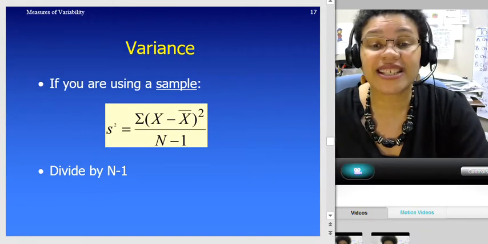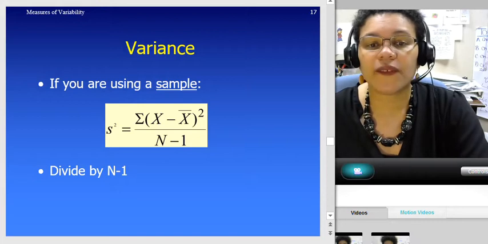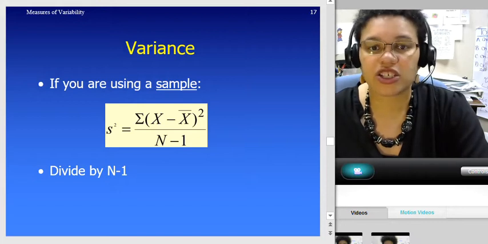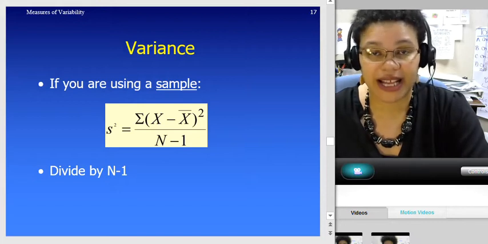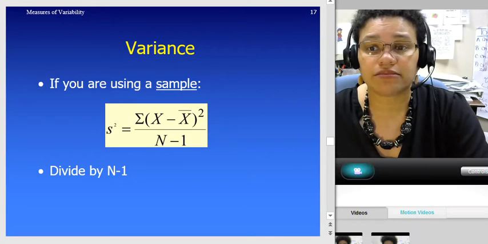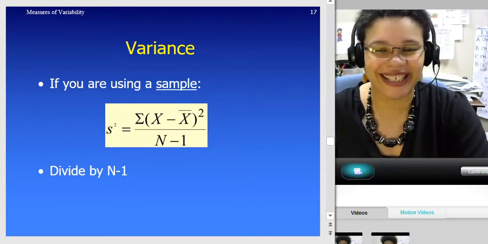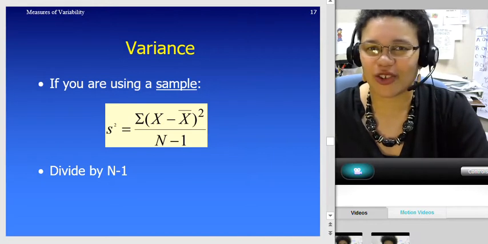If you're using a sample, your variance is denoted not as sigma but as s squared, and you're going to divide by n minus 1. It has to do with degrees of freedom, which I thought meant something totally different than it means in statistics world.